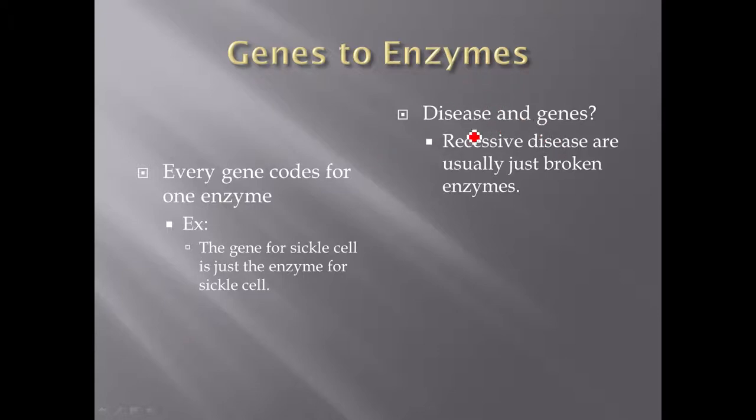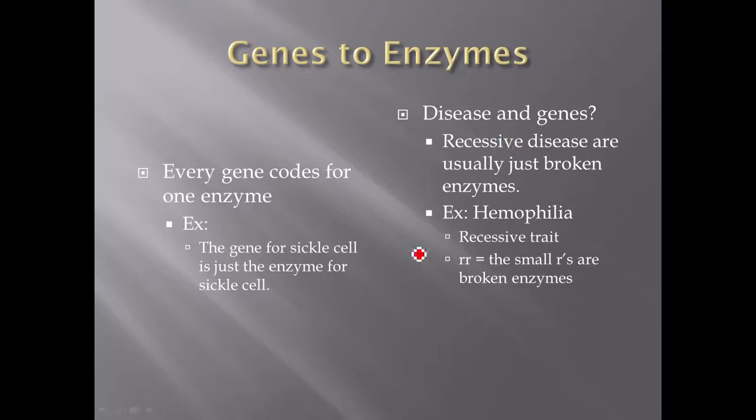Diseases in genes. Recessive diseases, guys, are usually just broken enzymes. They're proteins that don't work. For example, let's take hemophilia. Hemophilia is a recessive trait. That means you have to have small r in order to get it. What this means is that when we talk about these small r's, big R's, all that for alleles, all we're really saying is that the R stands for an enzyme.